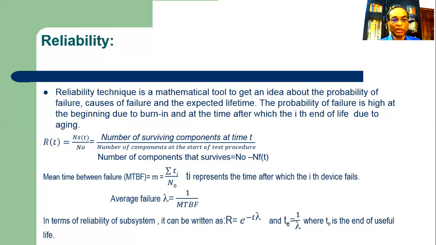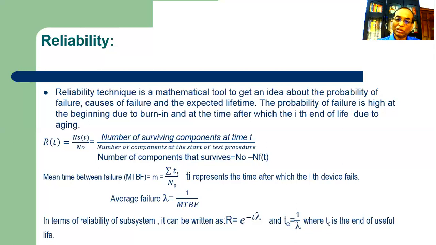In terms of reliability of the subsystem, it can be written R equals e to the power minus lambda t, and this MTBF is equal to 1 upon lambda, where T is the end of useful life.